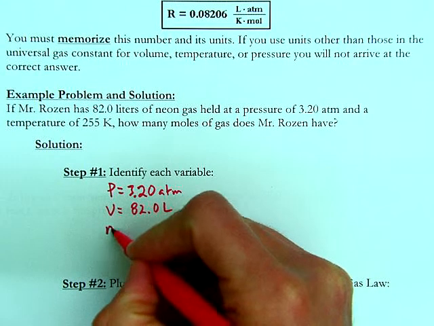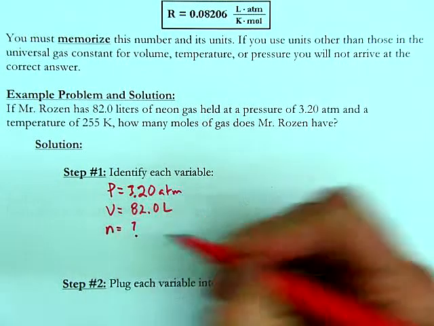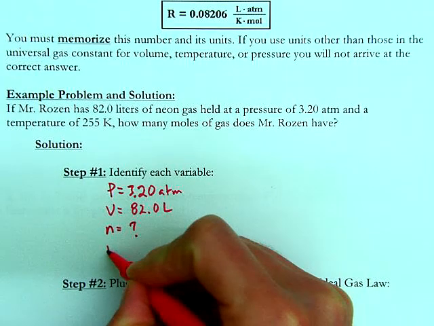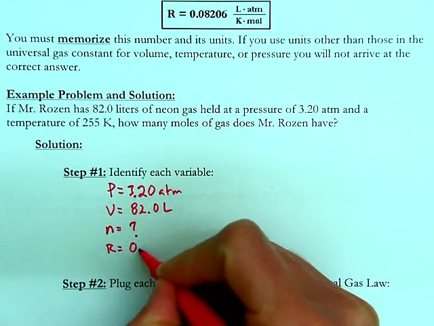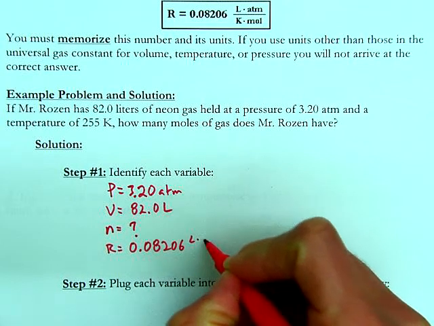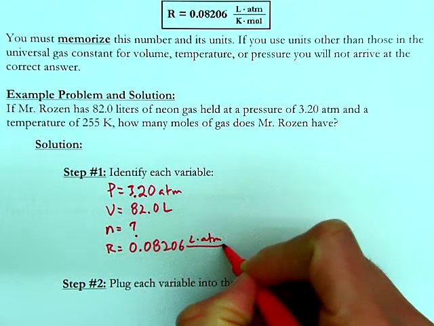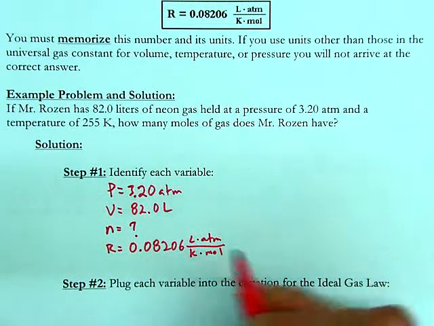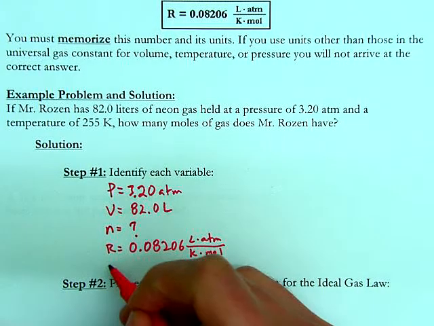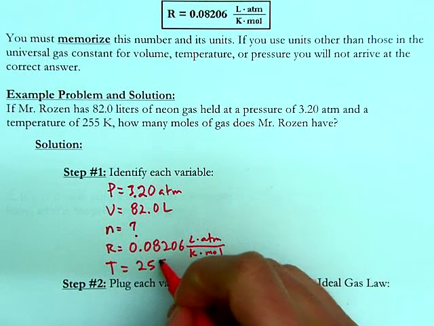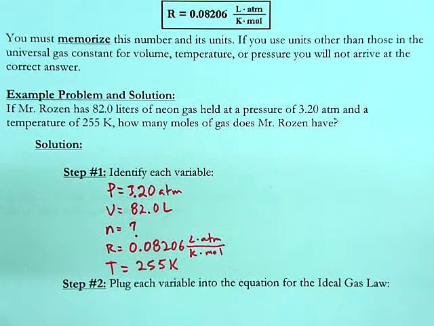I don't know what n is. That's number of moles. That's my question mark. R is the universal gas constant, 0.08206 liter atmospheres over Kelvin mole. Again, that's just the unit on R. And then T is our temperature, which in this case is 255 Kelvin. So I don't need to convert any of these numbers.